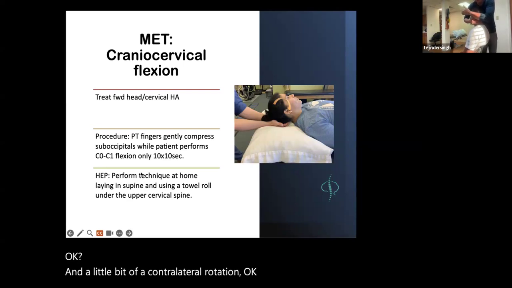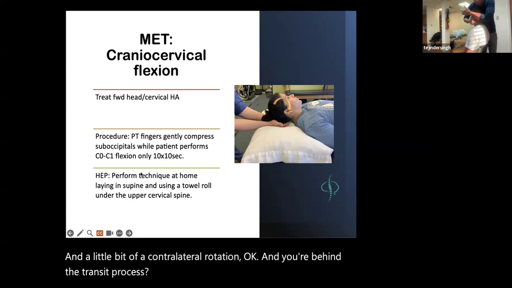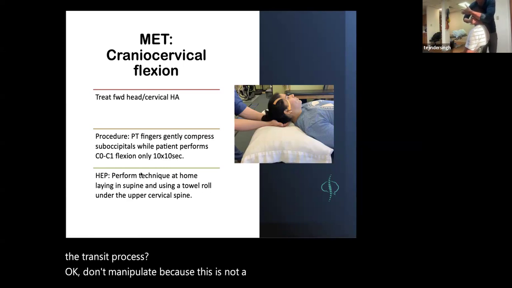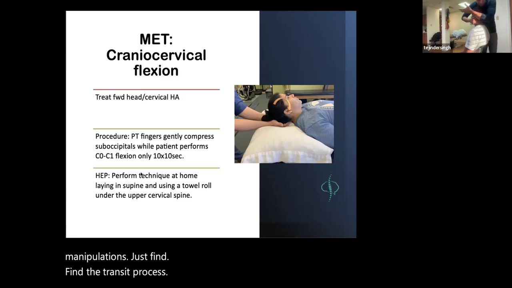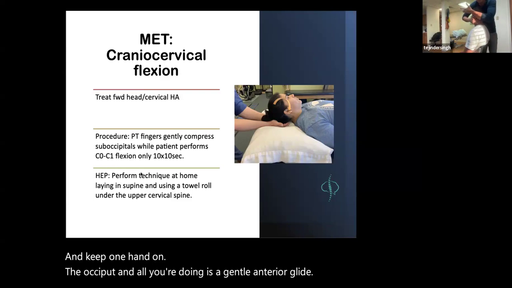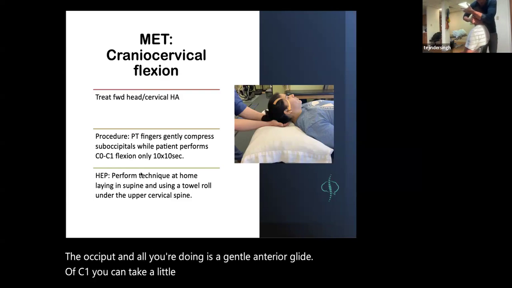And you're behind the transverse process. Okay. Don't manipulate, because this is not a class to teach you manipulations. Just find the transverse process and keep one hand on the occiput, and all you're doing is a gentle anterior glide of C1. Okay, you can take a little bit of a slack.